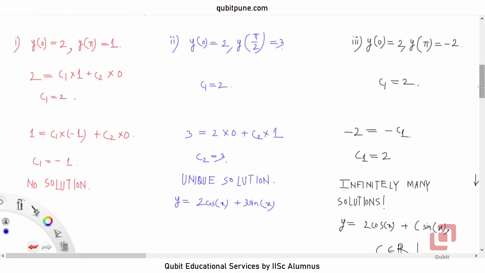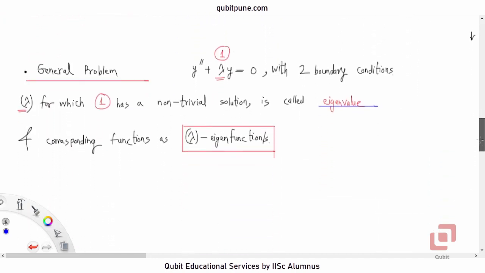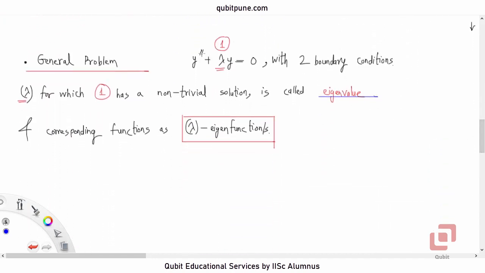So the next question we posed was, if our differential equation is y double prime plus lambda y equal to 0 with two boundary conditions, when does the differential equation have a non-trivial solution? It has a non-trivial solution for those values of lambda which we call the eigenvalues, and the corresponding functions are called eigenfunctions, very much like eigenvectors.